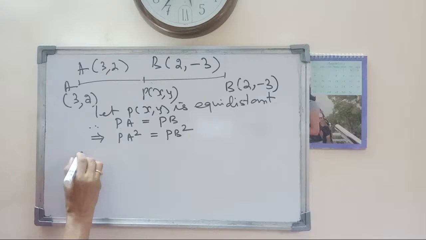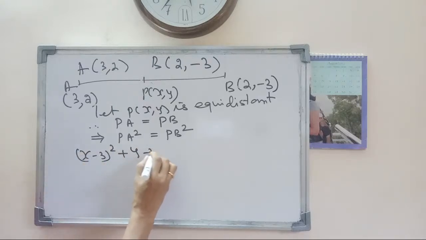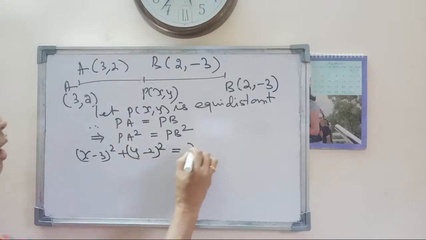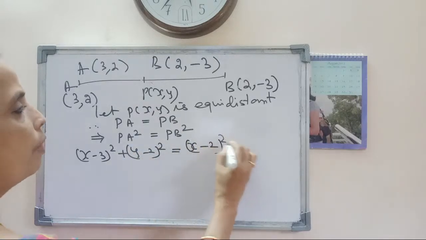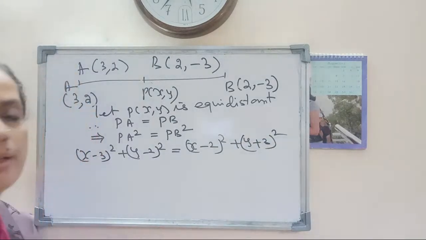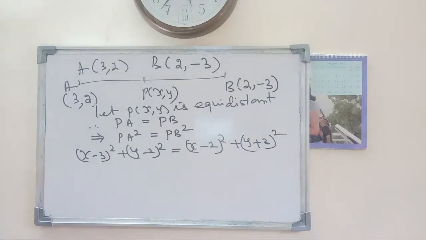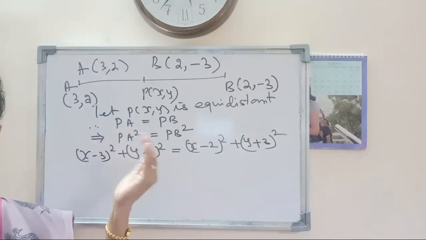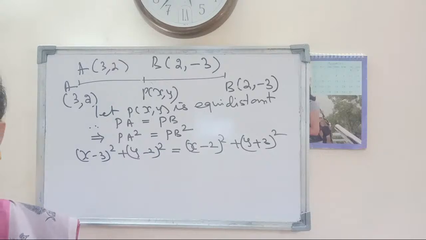PA square: (x minus 3) whole square plus (y minus 2) whole square, equals (x minus 2) whole square plus (y plus 3) whole square. You won't get any specific value. You will get an equation in terms of x and y. Later I will show what we can find out on that equation using the section formula. At present, let us have the relation. The same type of question is given in the textbook also.